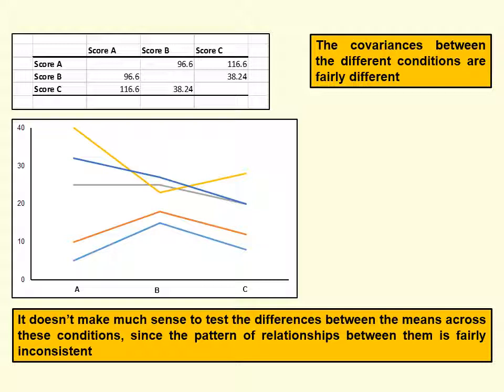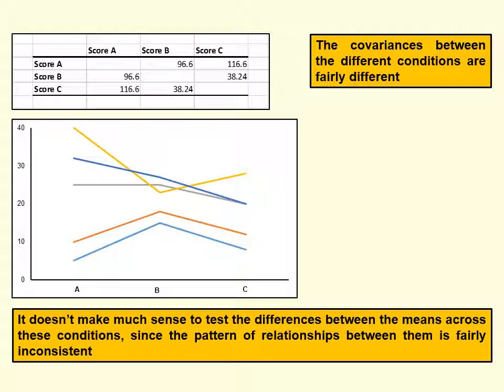There's not a consistent relationship here. For some people, their scores are going up and then going down, and for some people, their scores are going down and then going up, and it's not as clean or coherent or consistent a picture as was the case in our previous example.